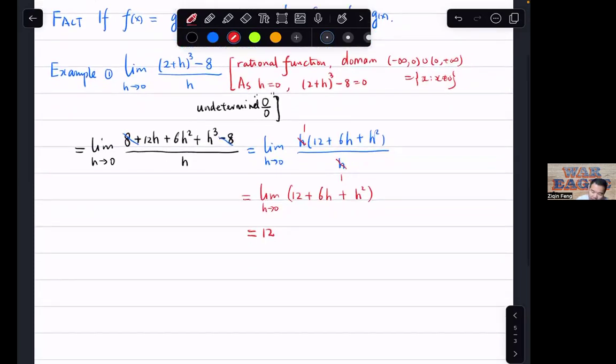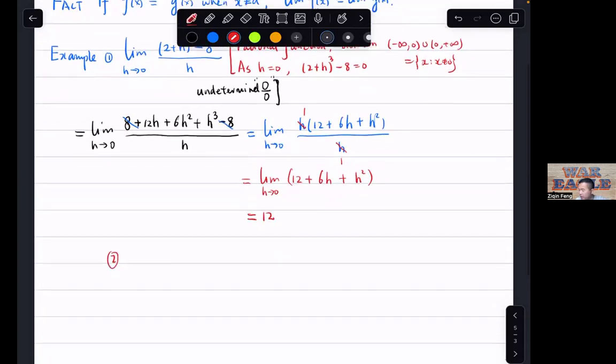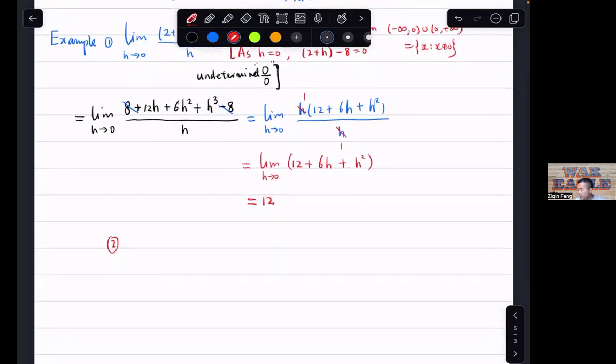Now let's see another example. The second example here is we are looking for the limit as t goes to 0 of the square root of t squared plus 4 minus 2, over t squared, right?